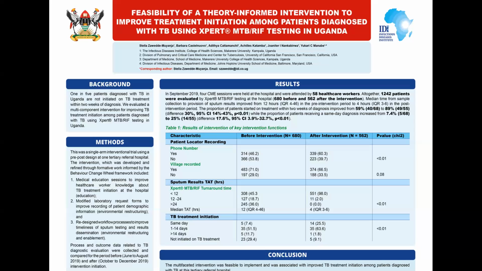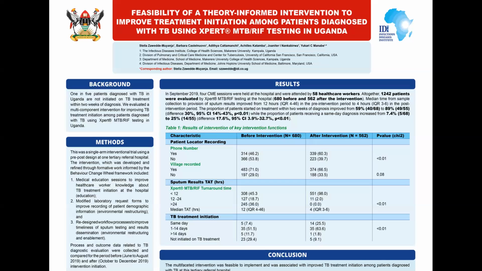In the 3 months following the introduction of these interventions, we saw an improvement in recording of patient phone numbers on laboratory request forms. Before the intervention, only 46% of patients had a phone number recorded on their lab request forms.